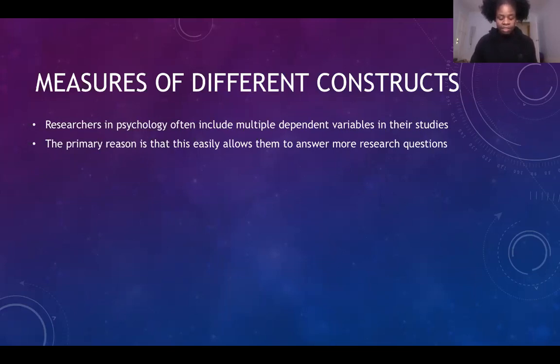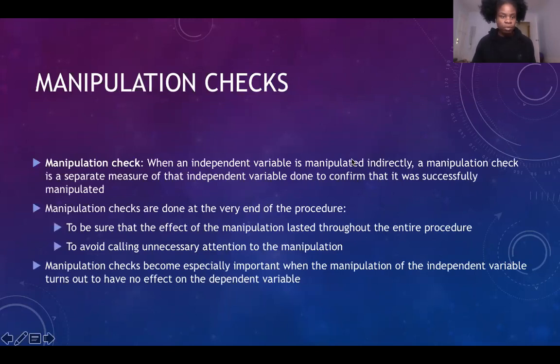When the independent variable is a construct that can only be manipulated indirectly, an additional measure of that variable is often included as a manipulation check, okay? A manipulation check is a separate measure of that independent variable done to confirm that it was successfully manipulated, okay?